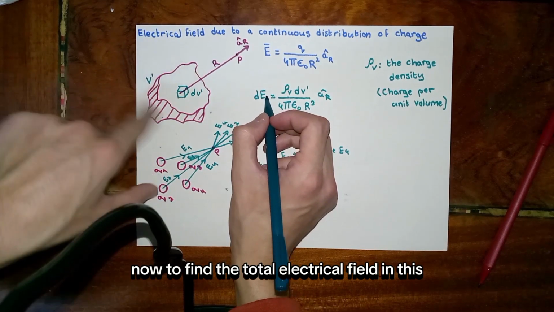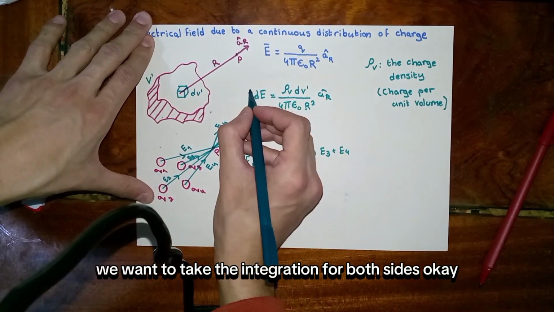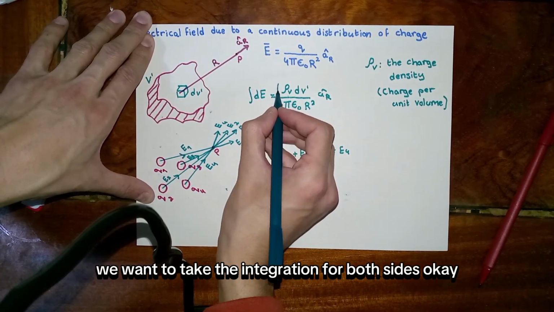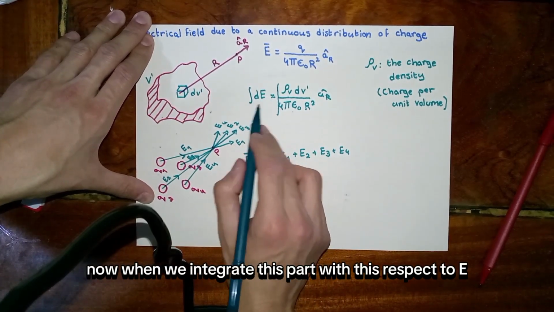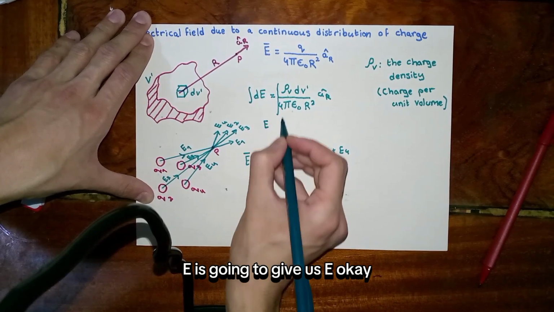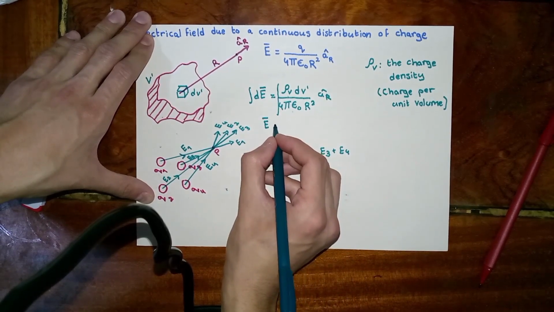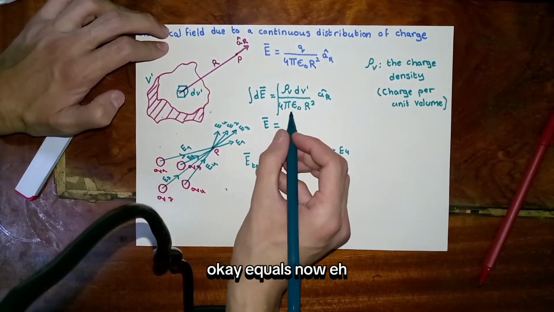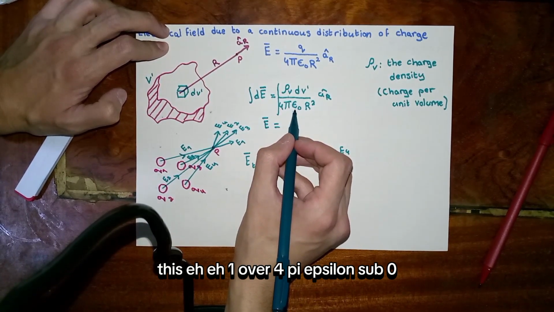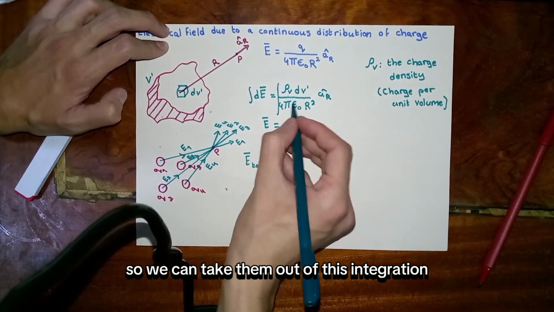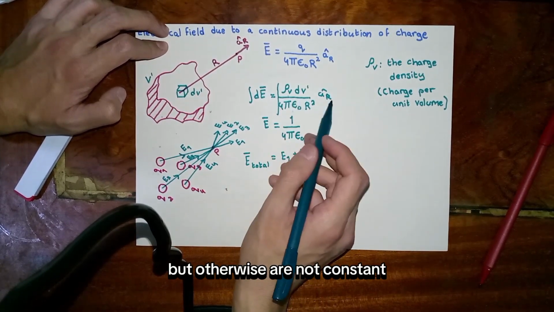Now to find the total electrical field in this big volume v primed, we want to take the integration for both sides. When we integrate dE, it is going to give us E. This is a vector, and this is a vector also. Now this 1 over 4 pi epsilon sub 0, all of these are constant, so we can take them out of this integration, but the others are not constant.